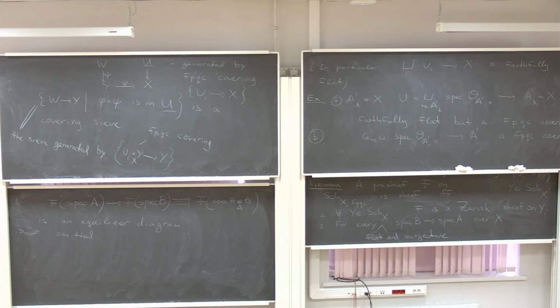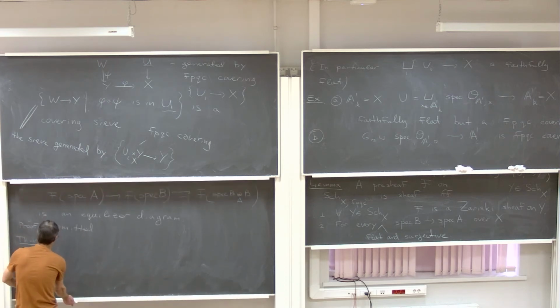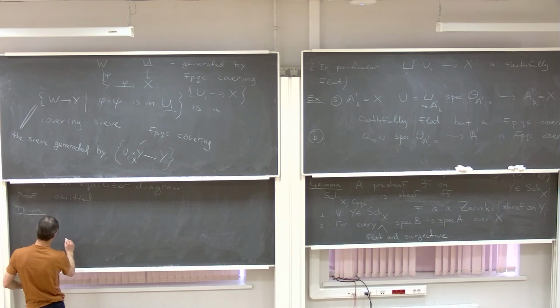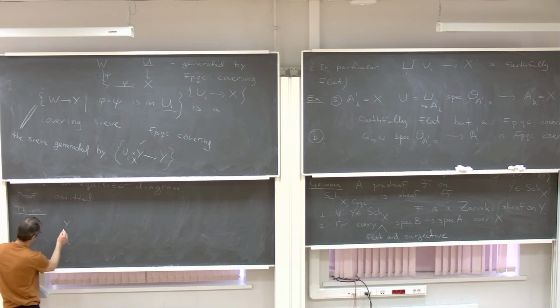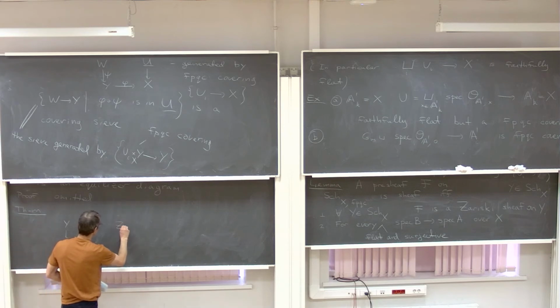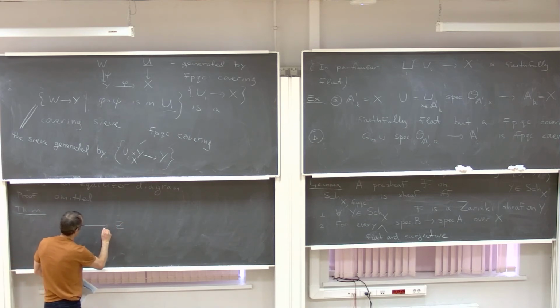Now, back to the original question. Let's say theorem. So we discussed the following problem. Suppose you have a map from scheme X and a surjective map from Y to X. And we have some scheme Z and an arrow here.